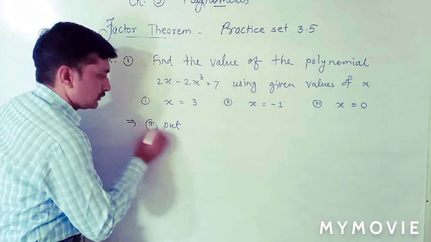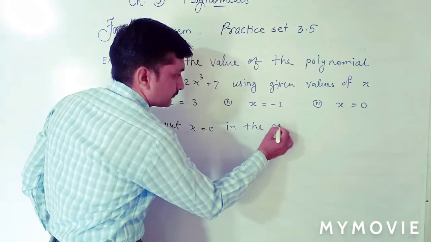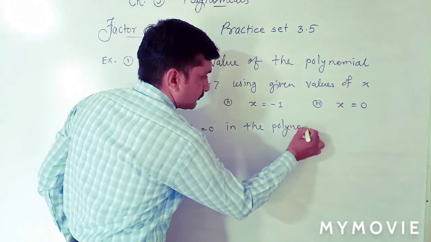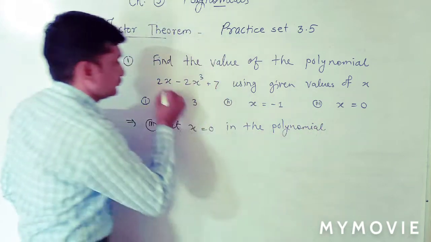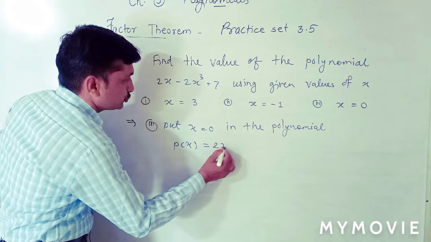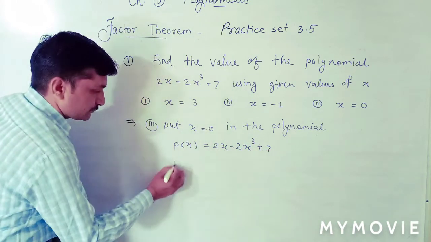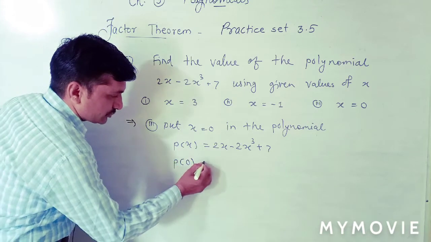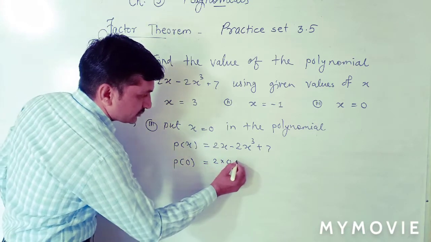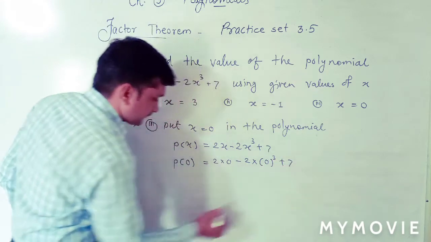Number 3 here. Put x is equal to 0 in the polynomial. The polynomial is again p of x is equal to 2x minus 2x cube plus 7. Here put the value of x as 0. P of 0 is equal to 2 multiplied by 0 minus 2 multiplied by 0 cube plus 7.